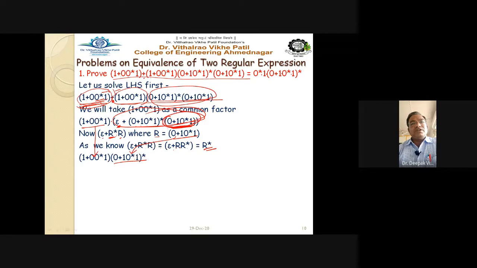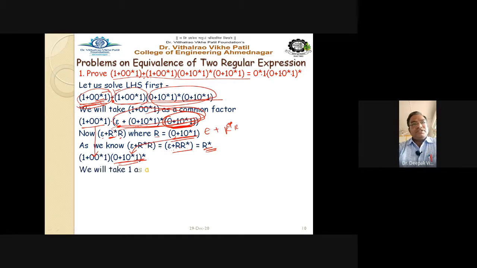Now you can compare this. So epsilon plus r raised to star r, meaning r, and r is nothing but this. So what is the answer to this identity? Epsilon plus r dot r raised to star is equal to r star. So I can replace this entire term with this r star, right?